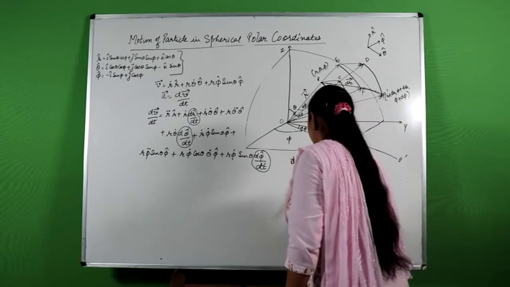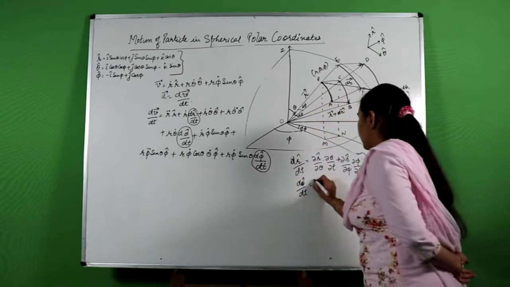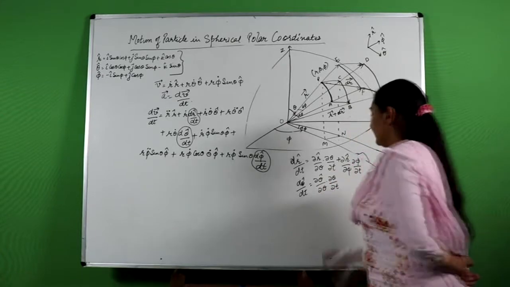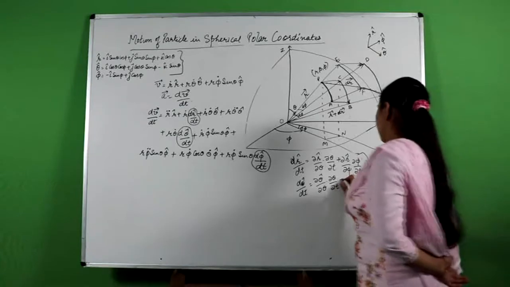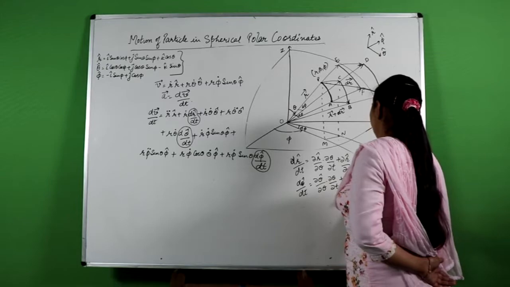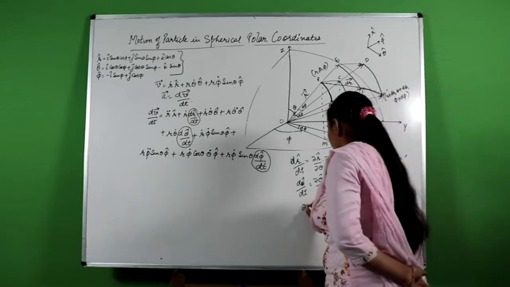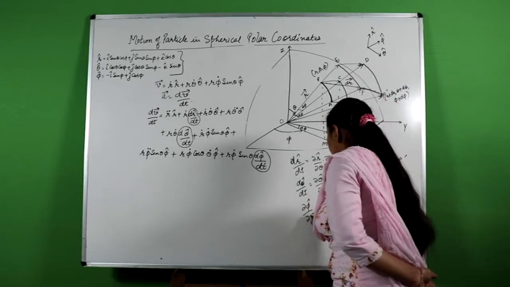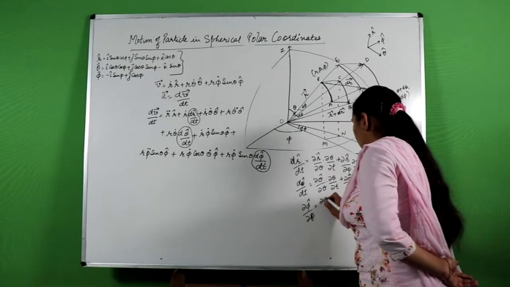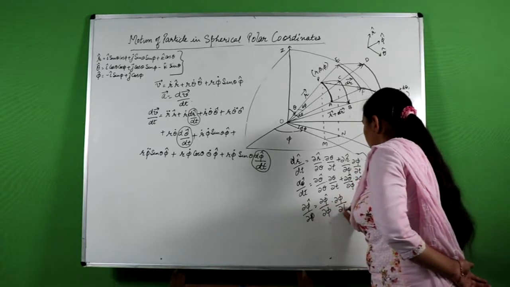Similarly, d theta cap by dt can be calculated as curly theta cap by curly theta into curly theta by curly t plus curly theta cap by curly phi into curly phi by curly t. But phi cap is only a function of phi, so I can only differentiate it with respect to phi.